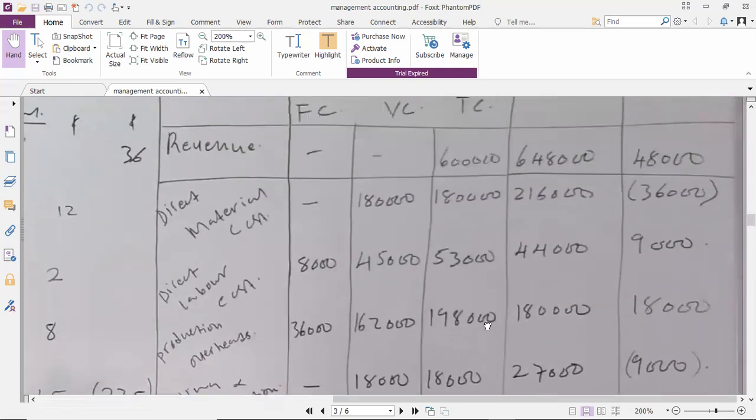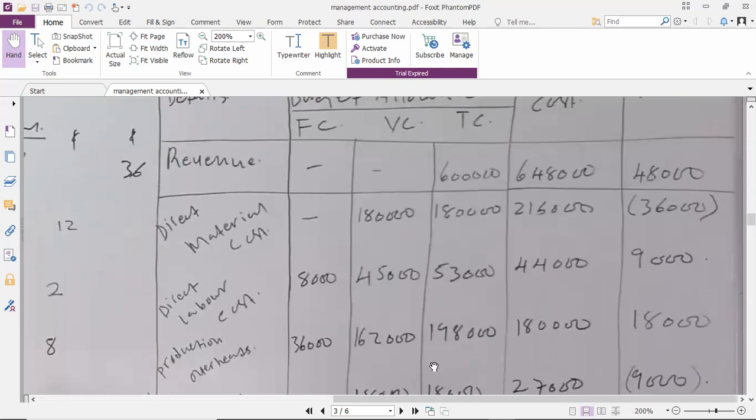Now, in an attempt to get the variance, it is not just a matter of subtracting budgeted from actual or actual from budgeted. You must know the merit of the items. For you to say there's a positive variance or a negative variance, it depends on the item. Revenue, you want to sell 600, you sell 648, it is in your favor, so it is positive. Direct material cost, you want to spend 180 and you spend 216, it is not in your favor, so it is negative.